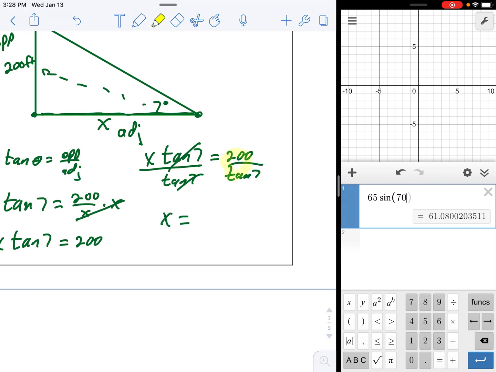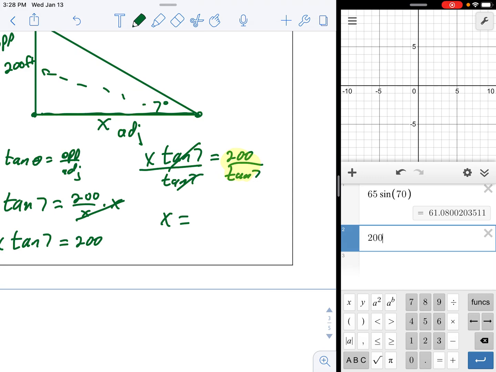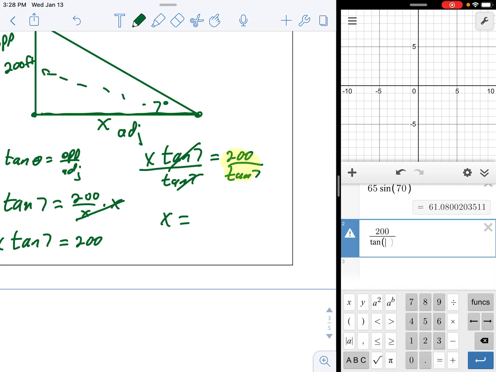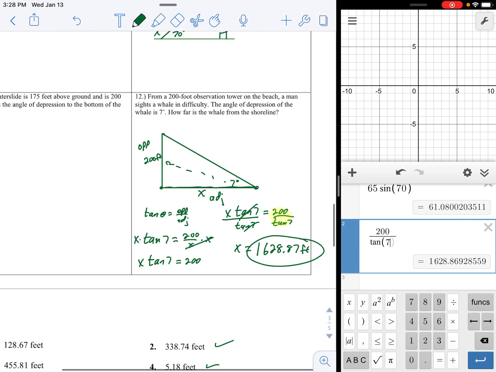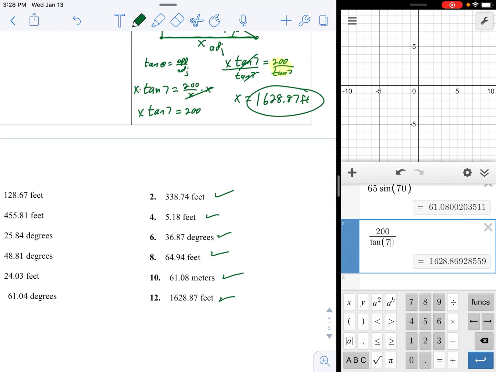X equals this. Let's use the calculator. 200 divided by tangent of 7, 1,628.87, what, feet? Yes, feet. Check the answer, and indeed there it is.